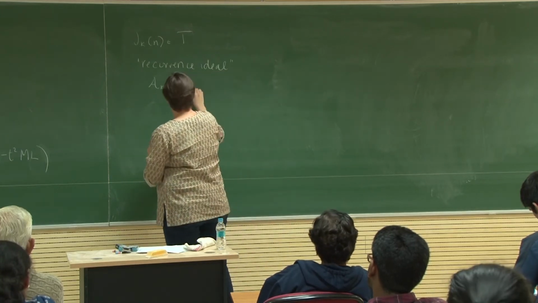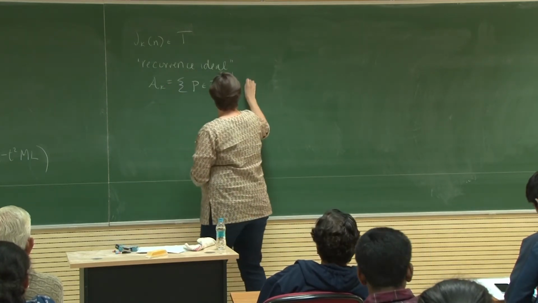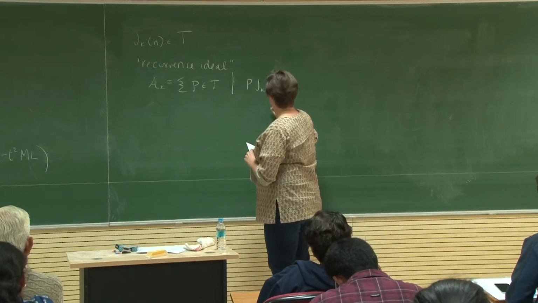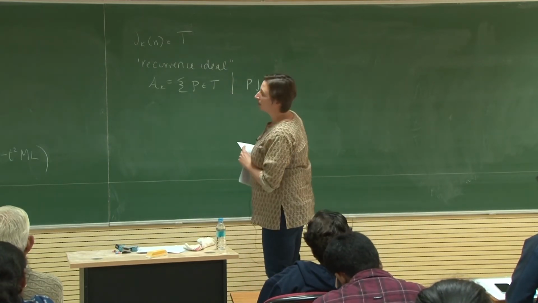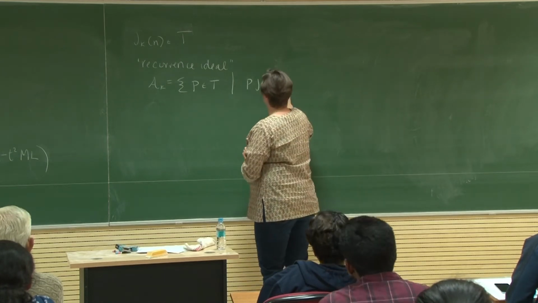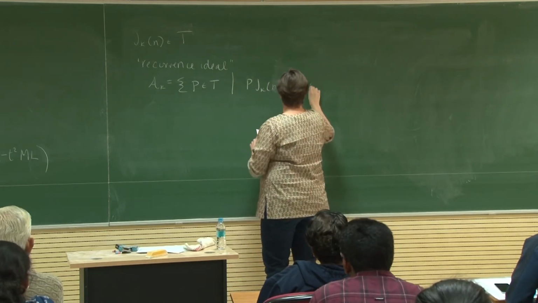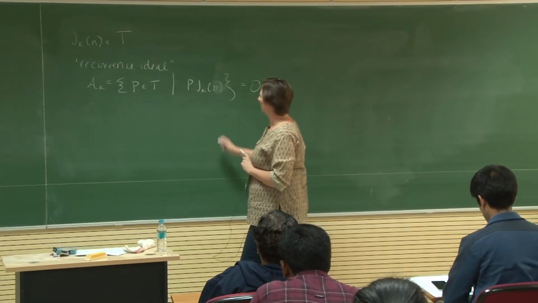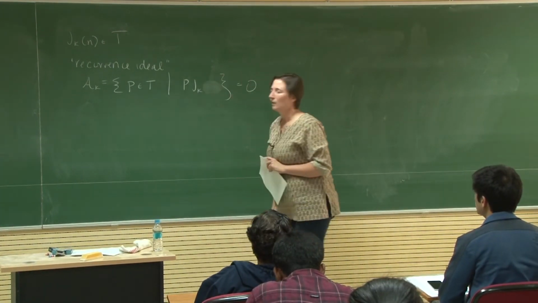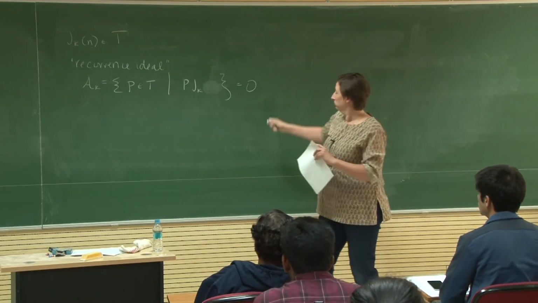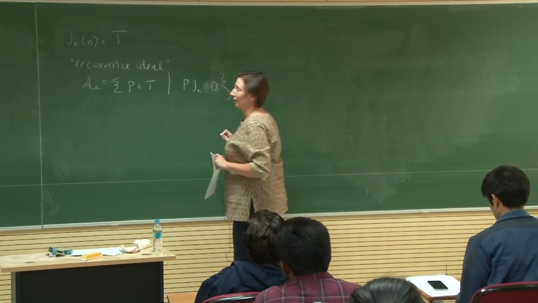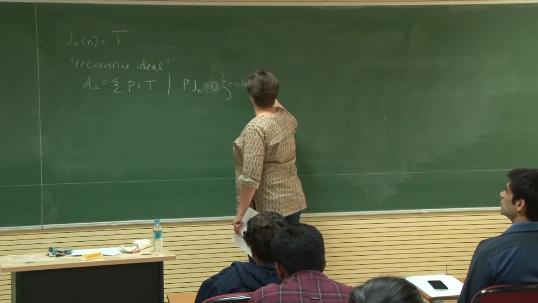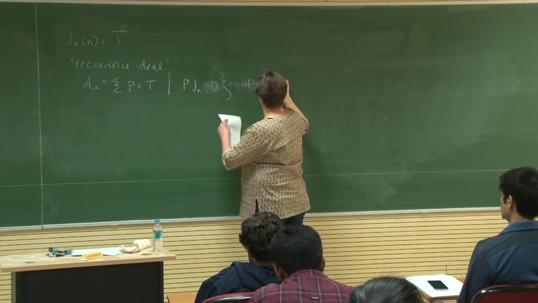Okay, so it's the set of all P in T such that when you left multiply the Jones polynomial J_K(n), you get 0. Okay, so this is the left annihilator, and I don't know how to spell annihilator.